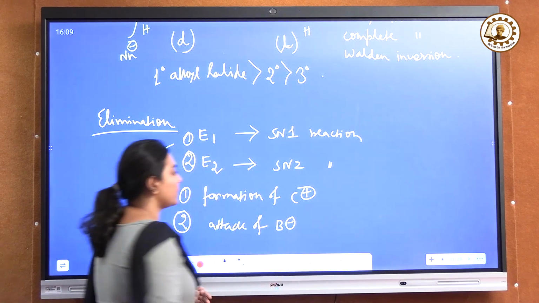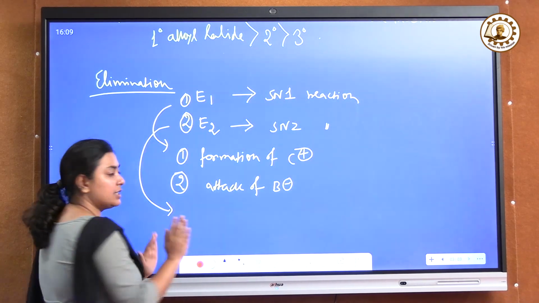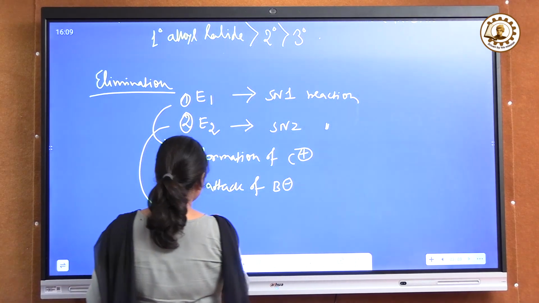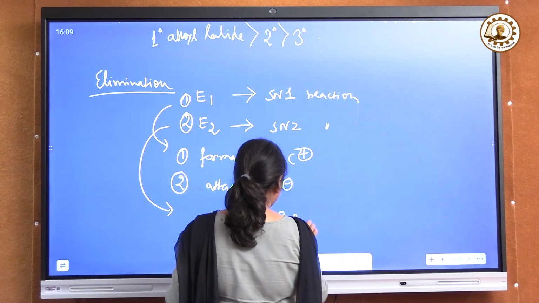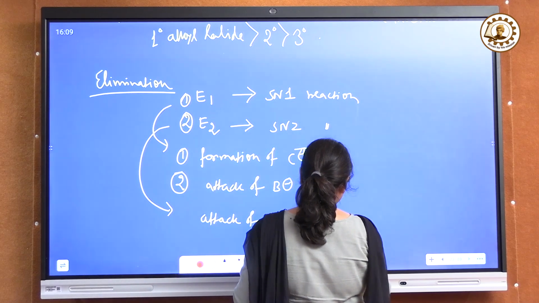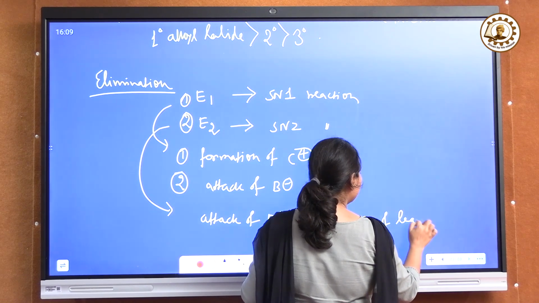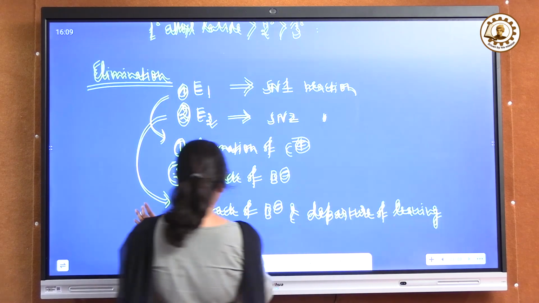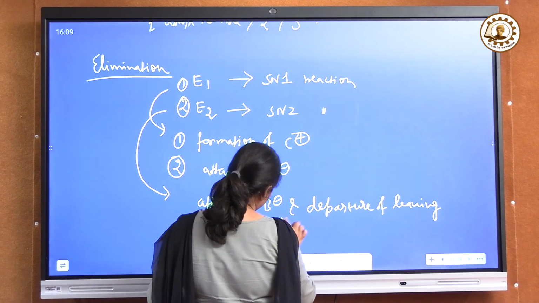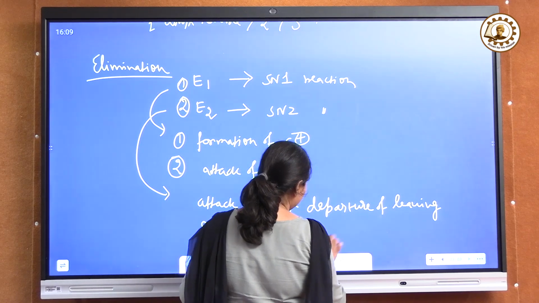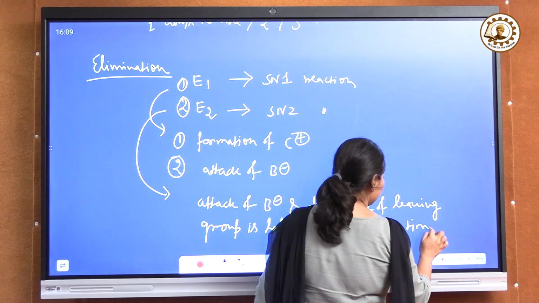While in case of E2, it is basically a single step reaction, and here the attack of base and departure of the leaving group are happening at the same time.